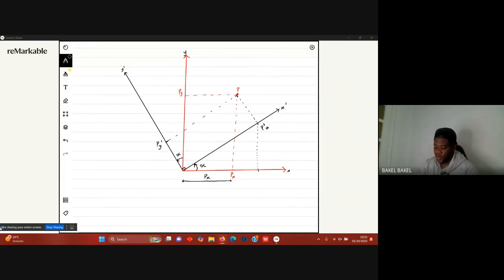If I drop this down here and I link this together, you see that we have some kind of triangle already. This is a triangle.